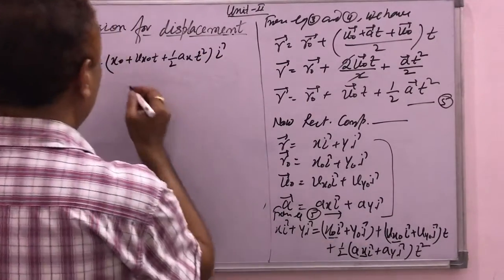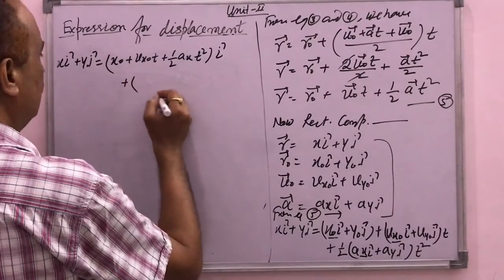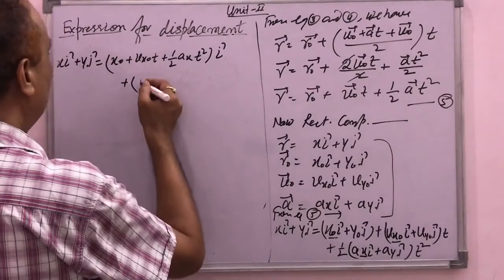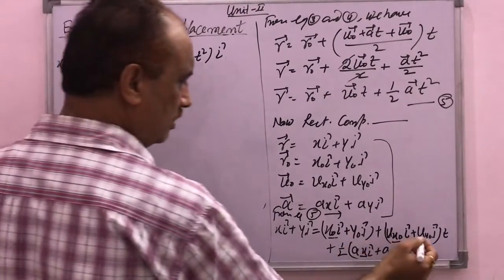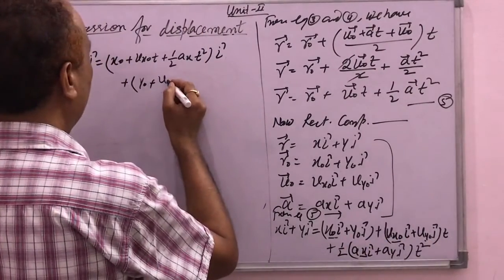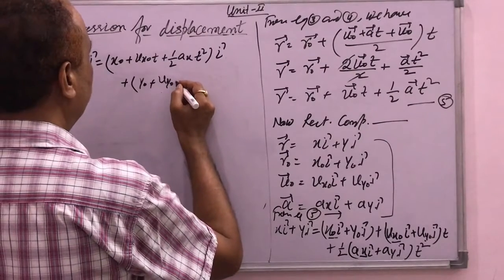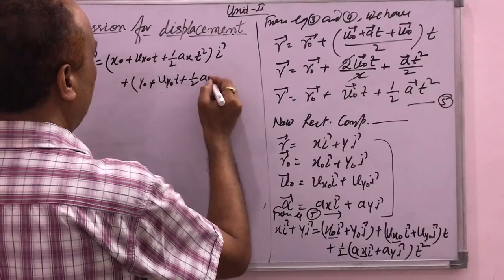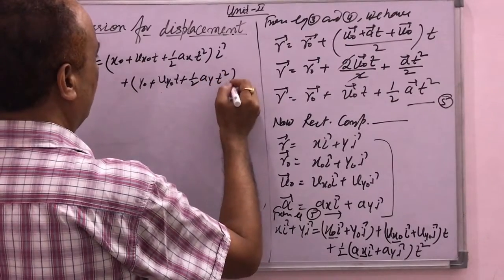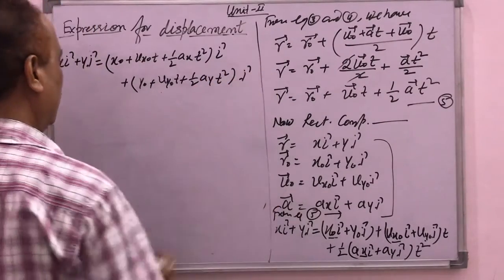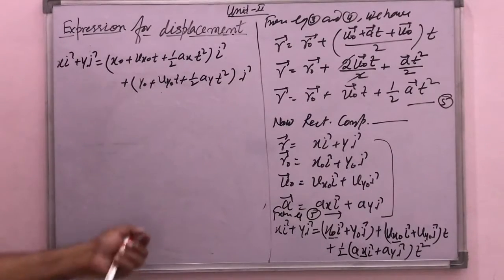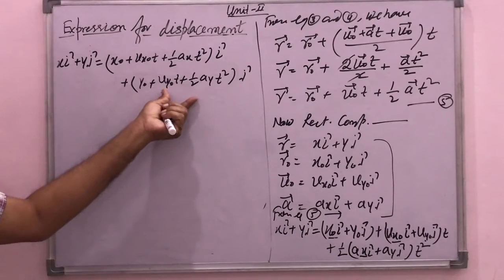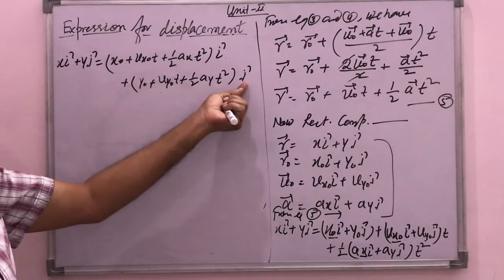Similarly, in the next bracket for j: y naught plus v y naught into t plus 1 by 2 a y t square, into j vector. We write all the terms of i in one bracket by taking i common, and all the terms of j in one bracket by taking j common.